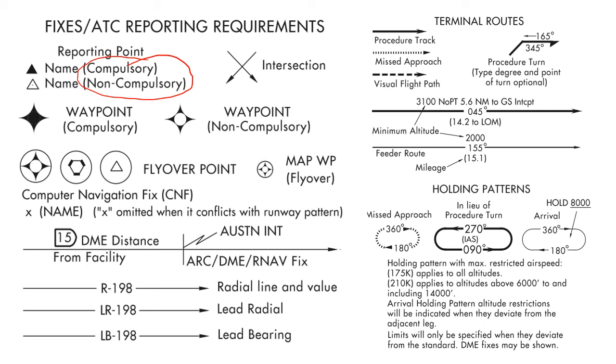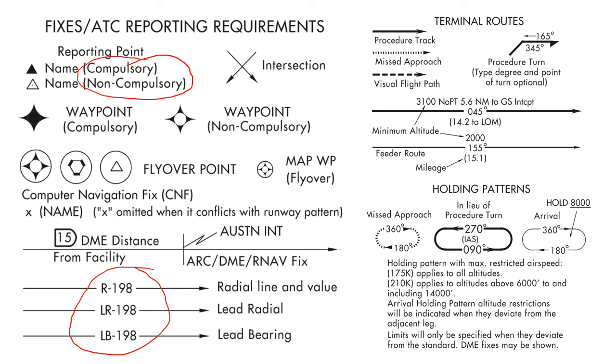It's also really important to understand the difference between a radial being used to define a fix or a point where you should begin a turn and a procedure track. When you see lines like this where there is an R, an LR, or an LB before the number, those are simply used to define something. They're not necessarily a track that you follow.